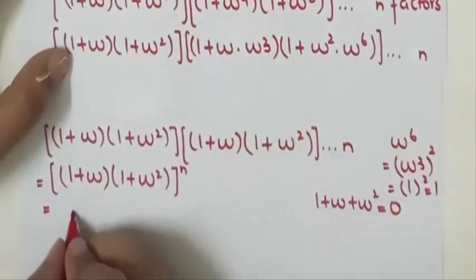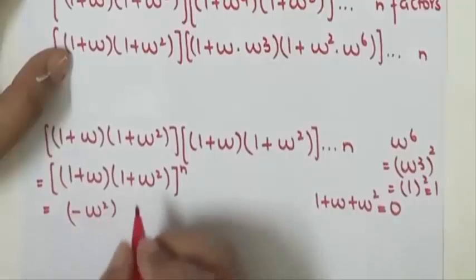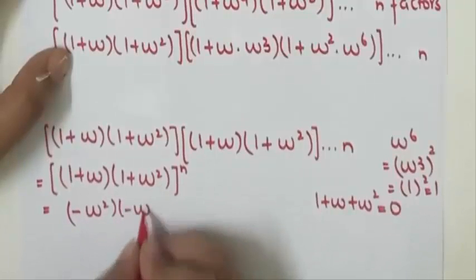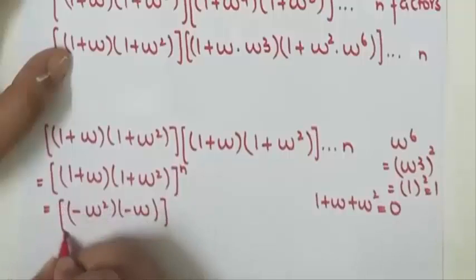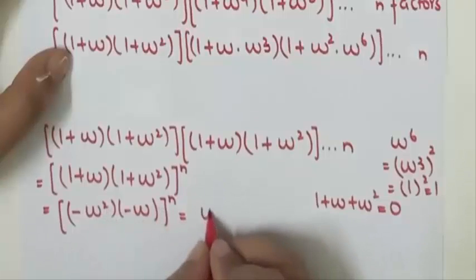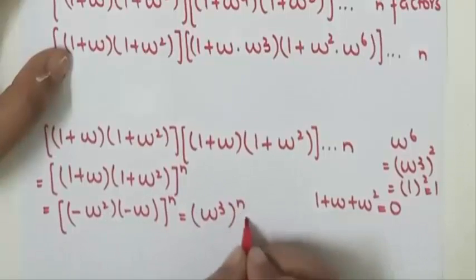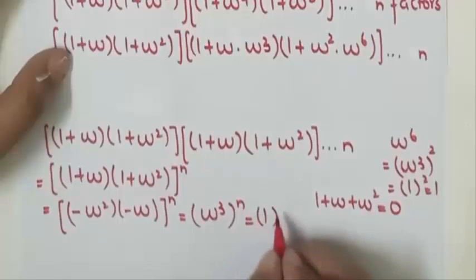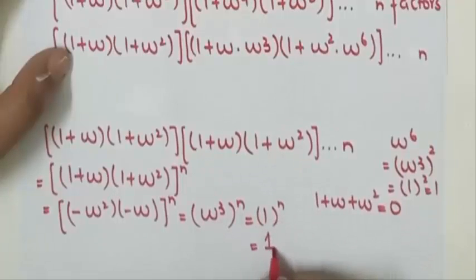So 1 plus omega is minus omega square and 1 plus omega square is minus omega, raised to power n. So minus into minus is plus, omega square into omega is omega cube, raised to power n. Omega cube is 1, 1 raised to power n, and 1 raised to power n is equal to 1.